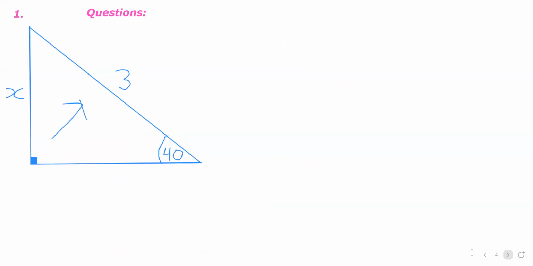We know this is the hypotenuse, there's the opposite, and the adjacent. What side do they give you? They give you the hypotenuse, H. What side do they want you to solve for? The opposite. So the trig ratio that has O and H is sine, so that's the right ratio.